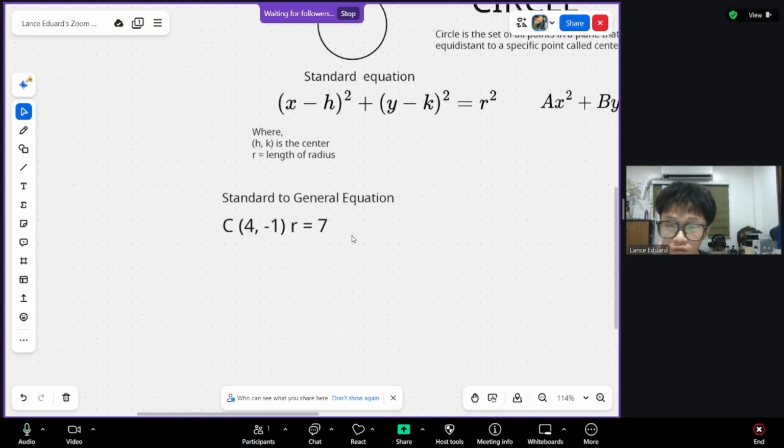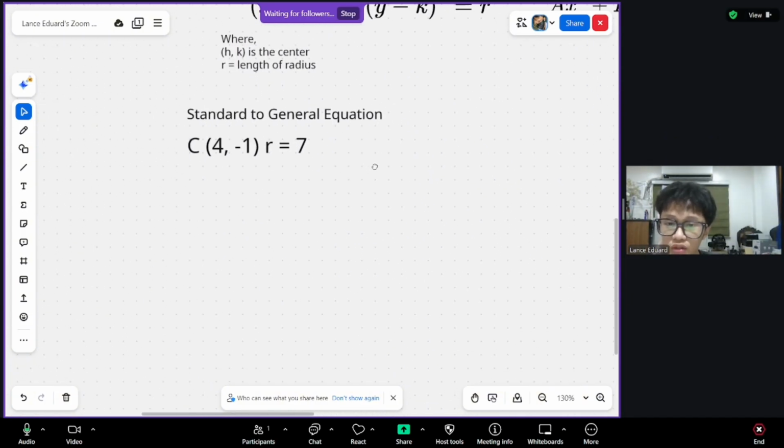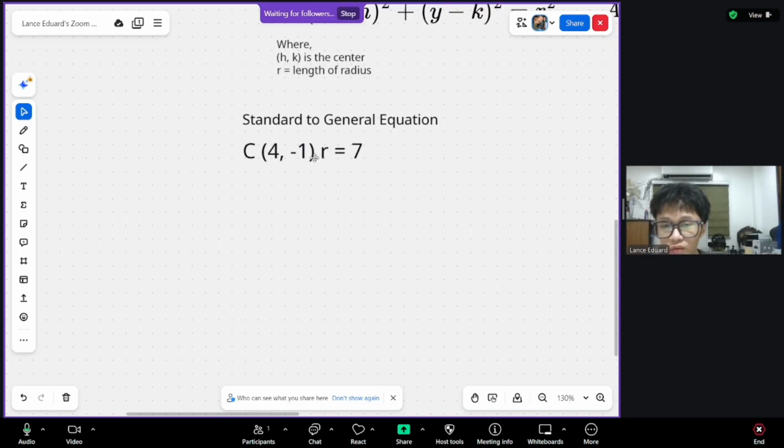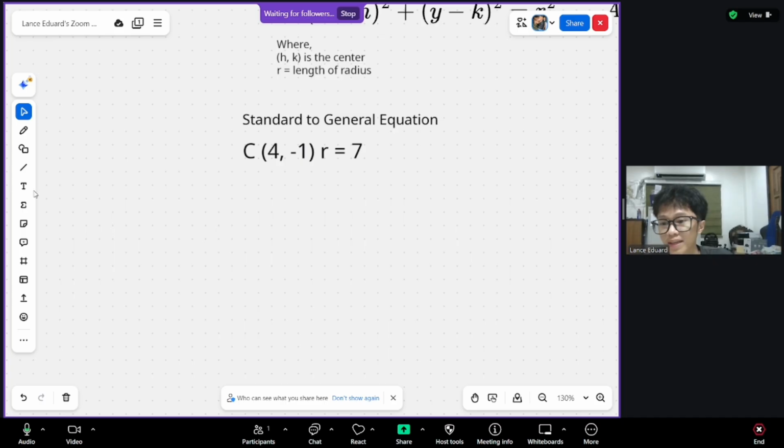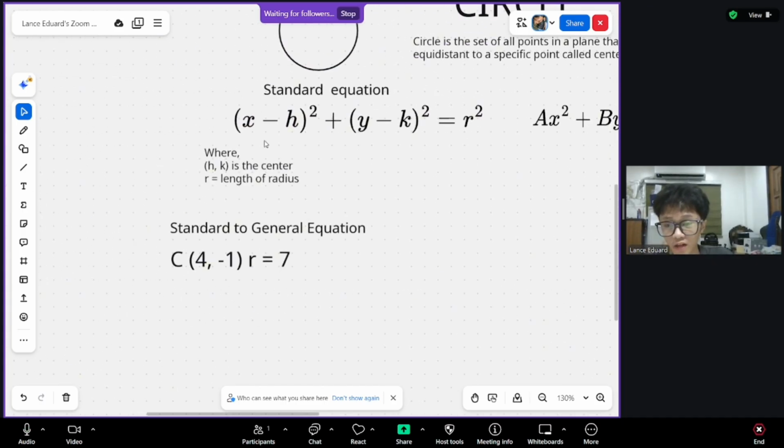So for our first example, we'll convert standard to general equation. Our center will be (4, negative 1), with a radius of 7. The first thing we will be doing is inputting it into the standard equation.